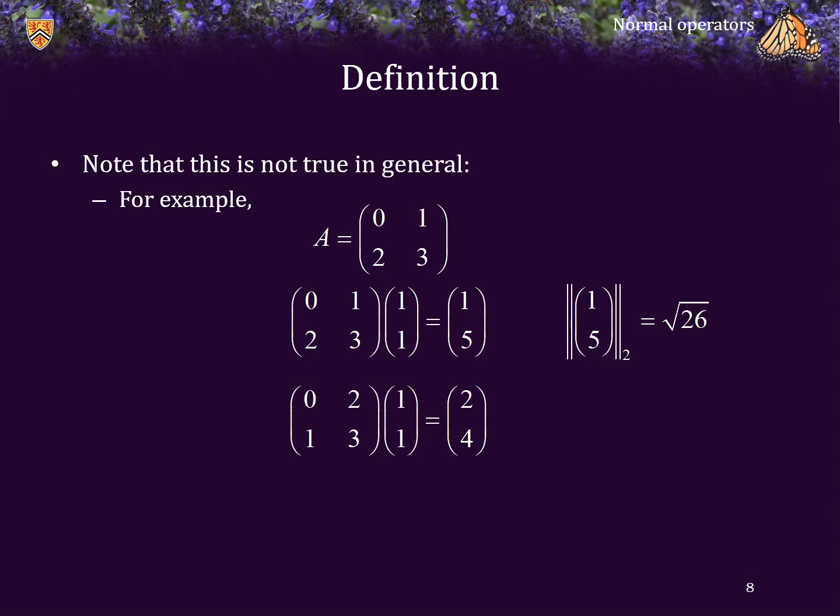So if I multiply the transpose of A by that same vector, I get the vector 2, 4. And the vector 2, 4 has a 2 norm of root 20. Again, you can see that these are not necessarily equal. Indeed, in some cases, a vector may be in the null space of the linear operator A, while not being in the null space of the adjoint.